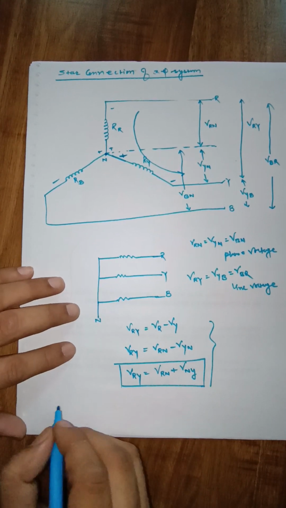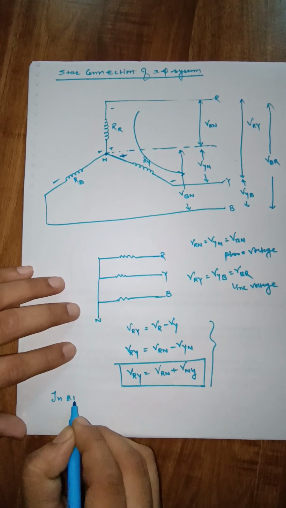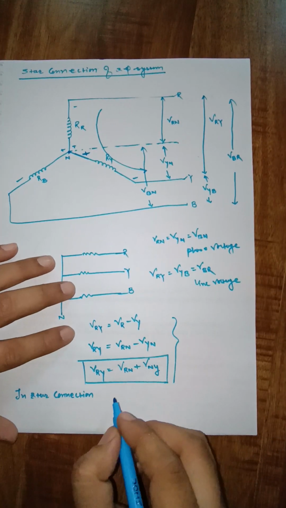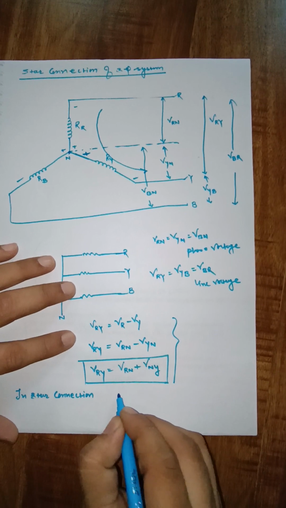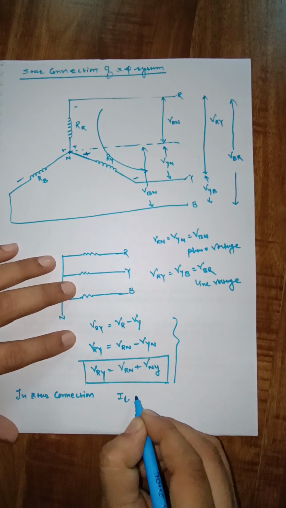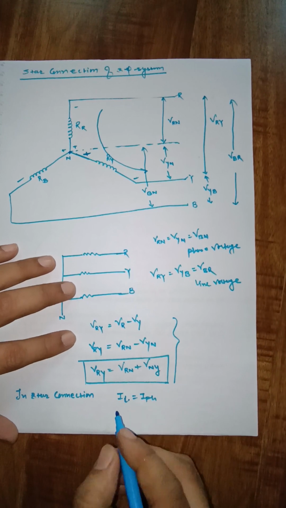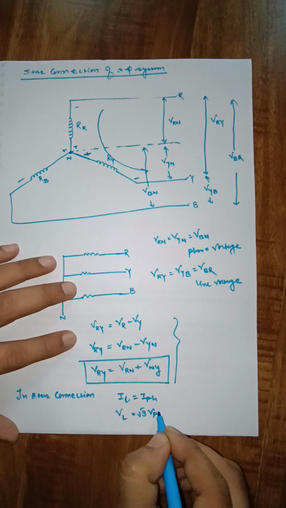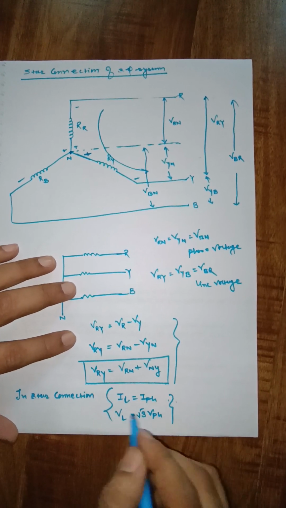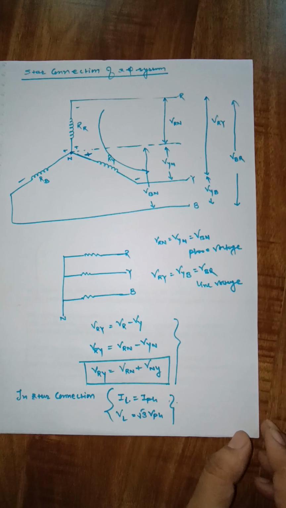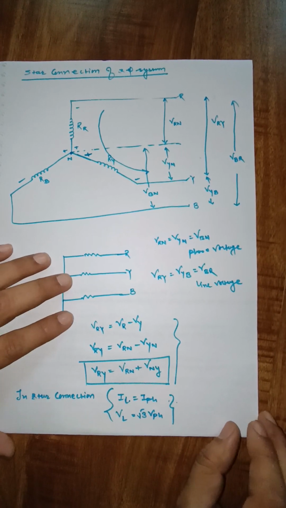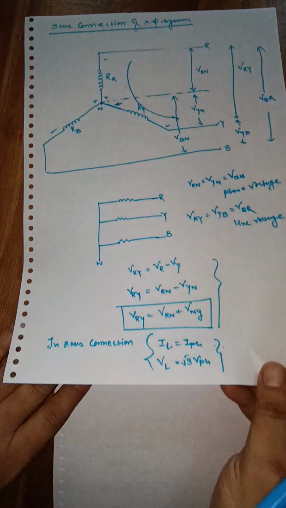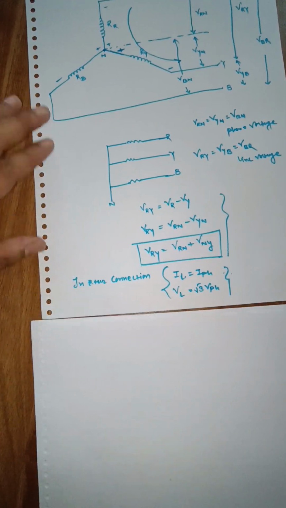Here let me write, in star connection, IL is equal to I phase and VL equal to root 3 V phase. So we have to verify these two relationships, and we have to draw the phasor diagram for star connection. So let us proceed further.